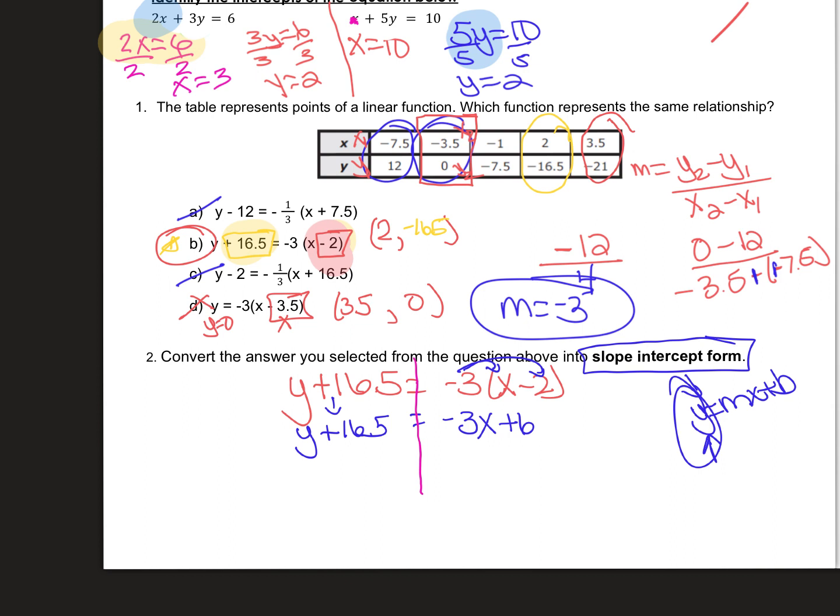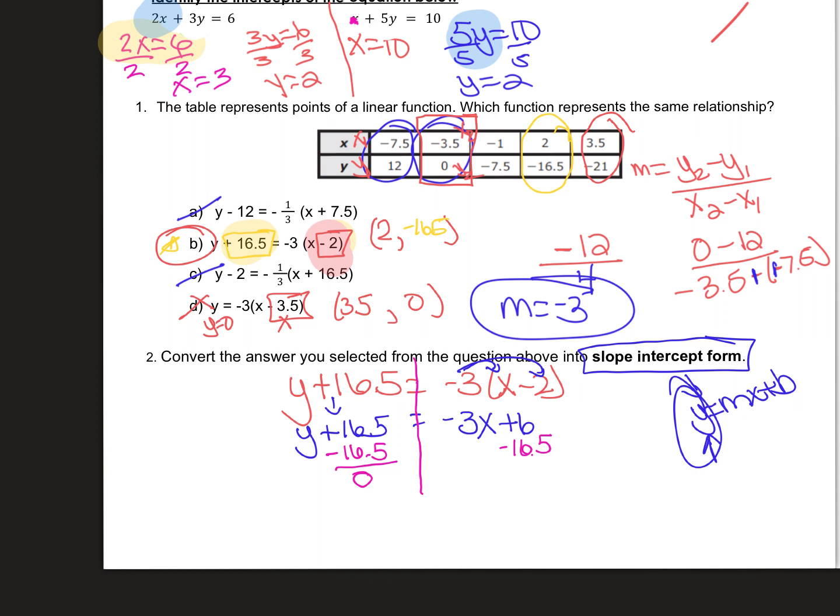Well, now I want y by itself. I need to get rid of that 16.5 on the left. So what do I need to do to make this 0? Because that's how I'm going to make it go away. Well, I'm going to subtract 16.5. And what I do to one side, I do to the other. And I'm going to line this up underneath the 6. Okay.